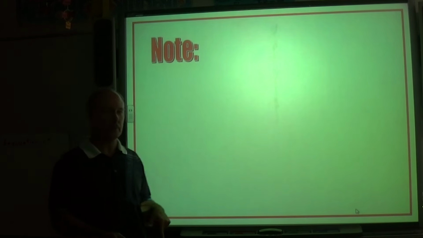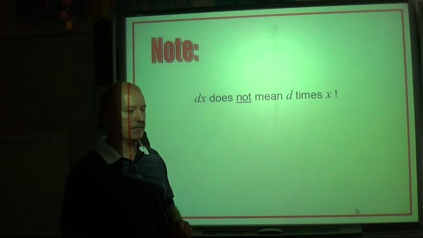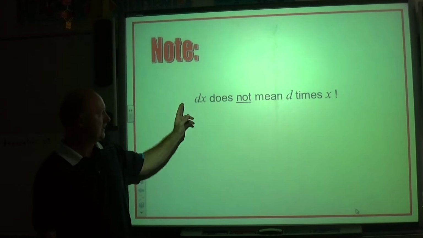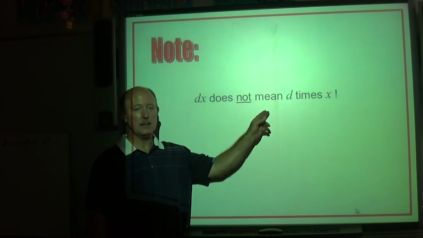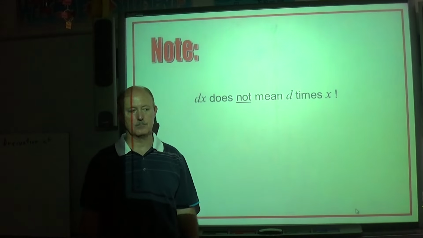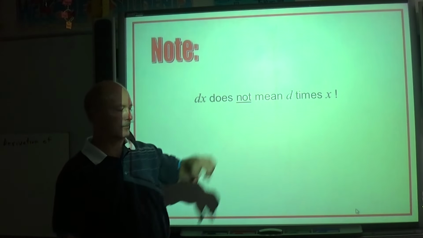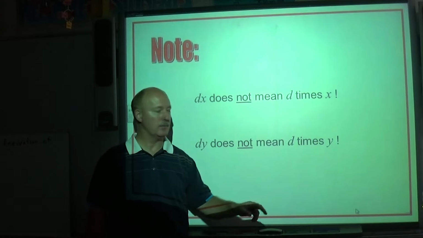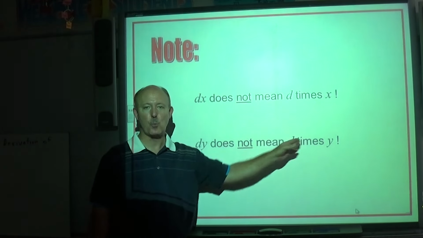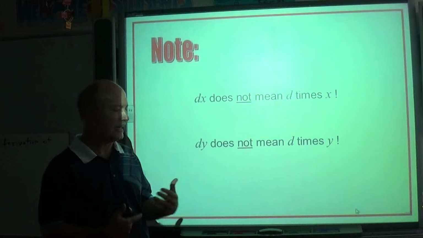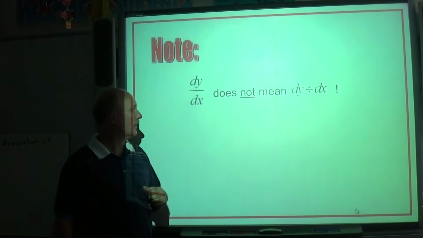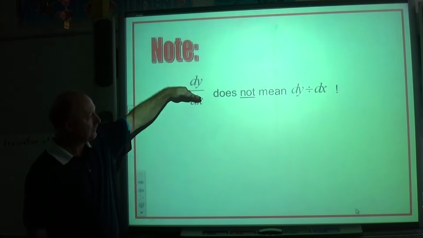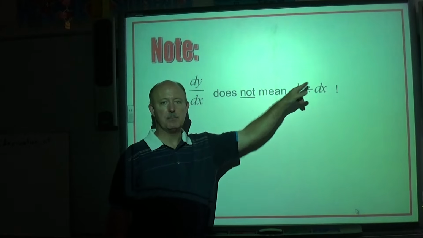Now, a note about each of these notations. First of all, dx does not mean d times x. It means the derivative of x. dy does not mean d times y. And dy over dx does not mean dy divided by dx.